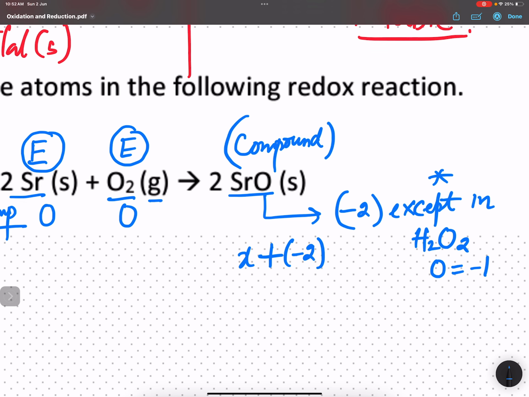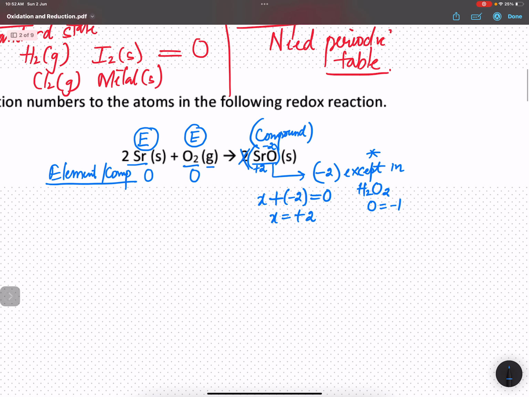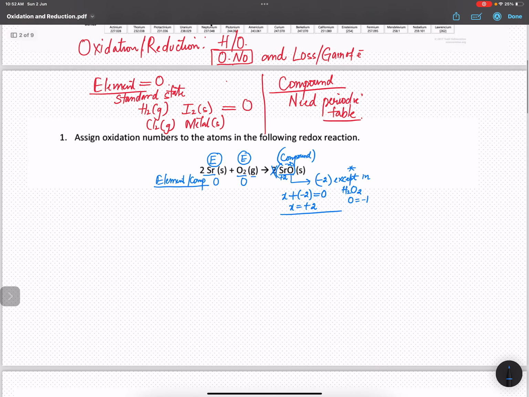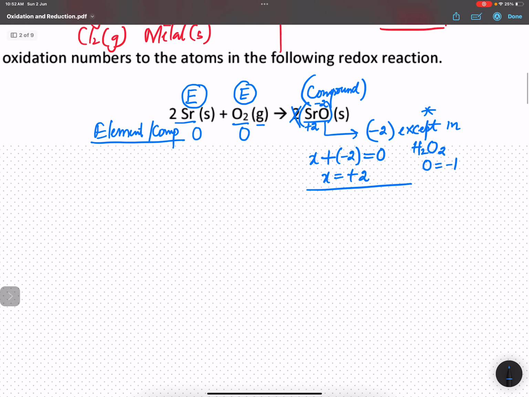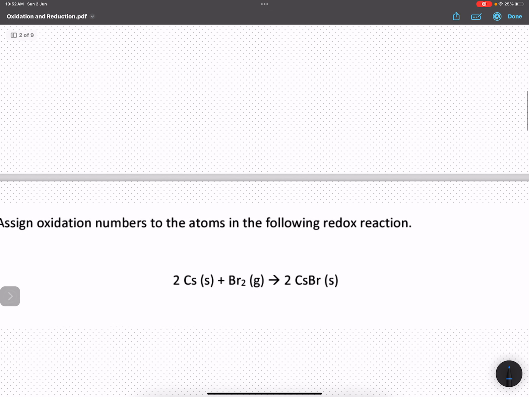There is no charge on this compound, so it's equal to 0. Don't take the coefficients. So X comes out to be +2. So strontium has an oxidation number of +2 and oxygen has an oxidation number of -2. Don't confuse oxidation numbers with charge; I'm assuming it to be the same. Oxidation state. So this is how we will find the oxidation numbers.